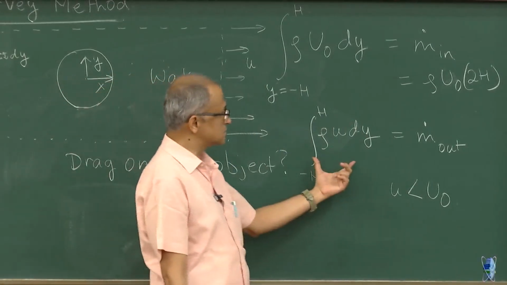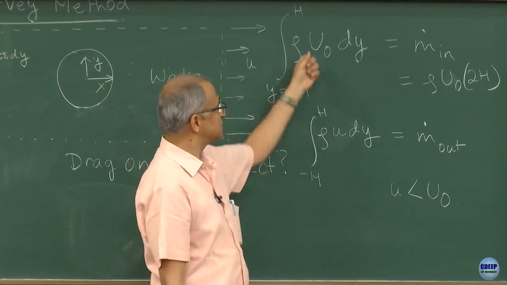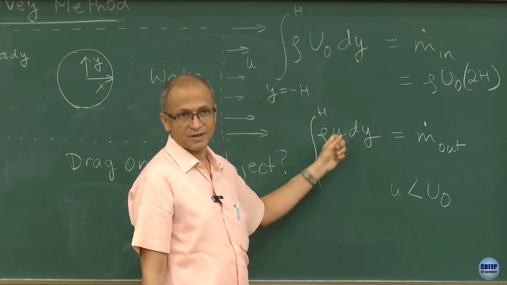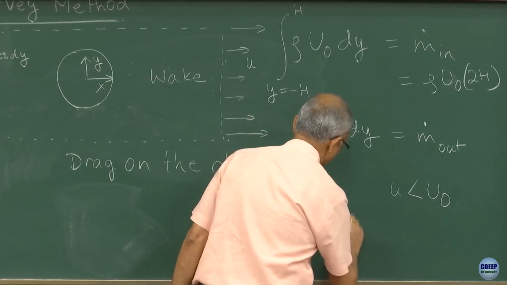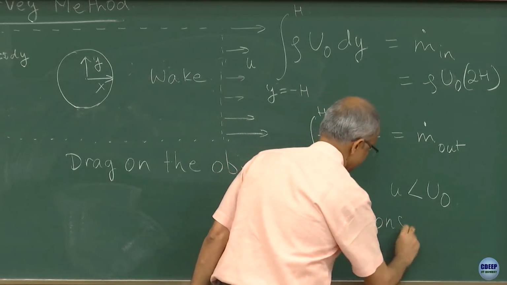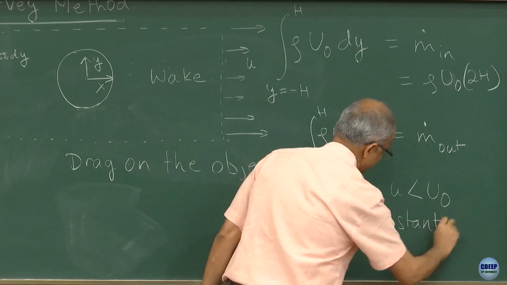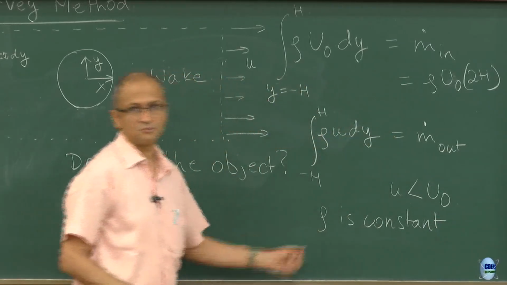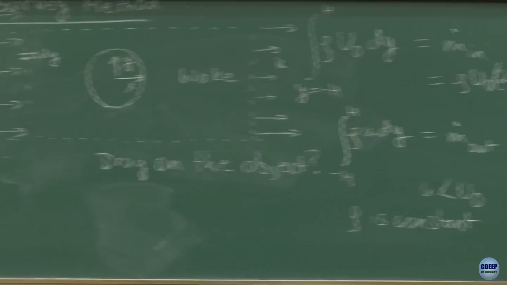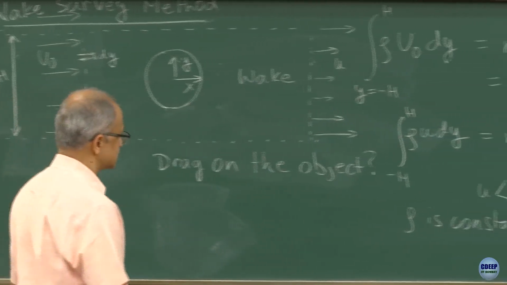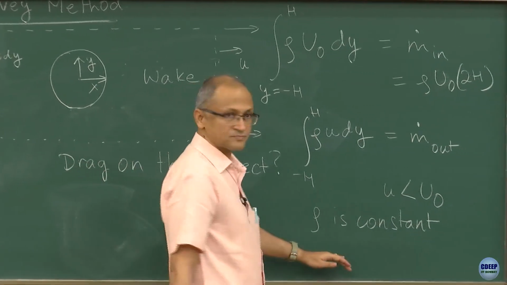And rho I am assuming is constant. We have not yet talked about that, but we will be talking about compressible and incompressible flows. In this course, we will always be talking about incompressible flows where density is always going to be constant.